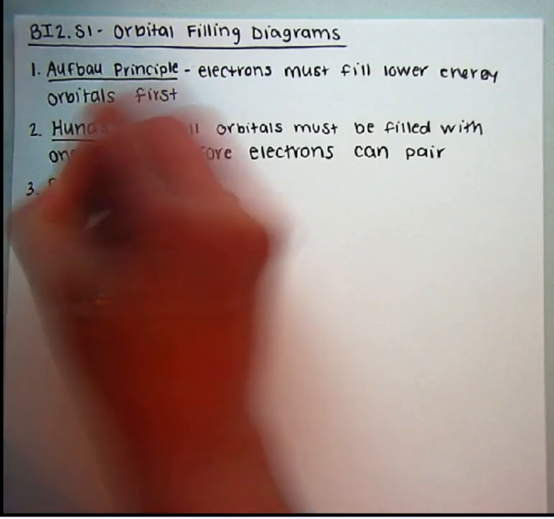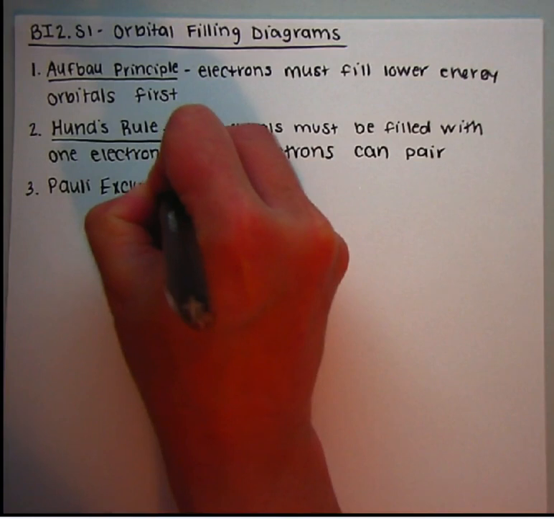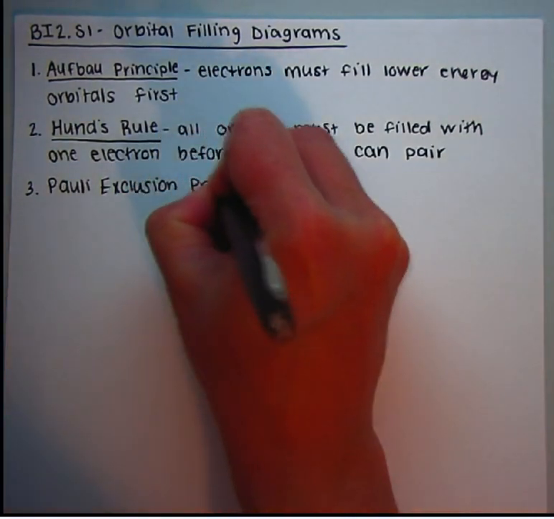The 3rd rule is called the Pauli exclusion principle.